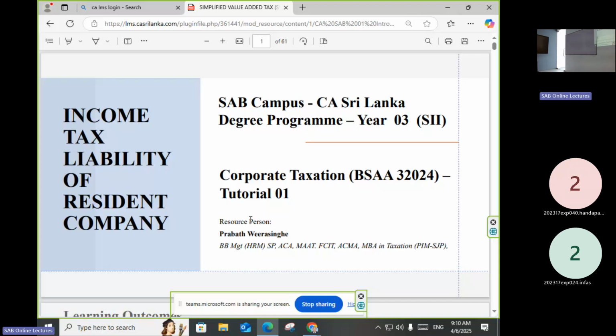In the statement we recognize turnover, revenue, and thereafter we charge cost of sales, administrative expenditure, selling and distribution expenditure, finance and other costs. Thereafter we recognize profit before tax, and after that we charge income tax. Is it an expenditure or not? Expenditure, yes. Then why is it not coming under administrative expenditure or selling and distribution expenditure or finance cost?